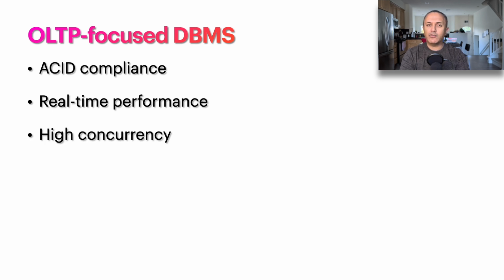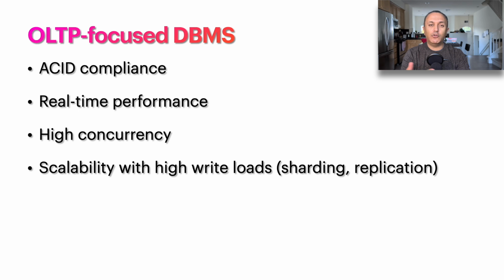It needs to support high concurrency, be able to deal with so many different requests coming at the same time, because again, we have so many users. Imagine if you have something like Amazon or a banking website, how many users are accessing that at the same time. So it needs to support that high concurrency. Many of those users would also be doing updates, so it needs to be able to handle all those concurrent updates.